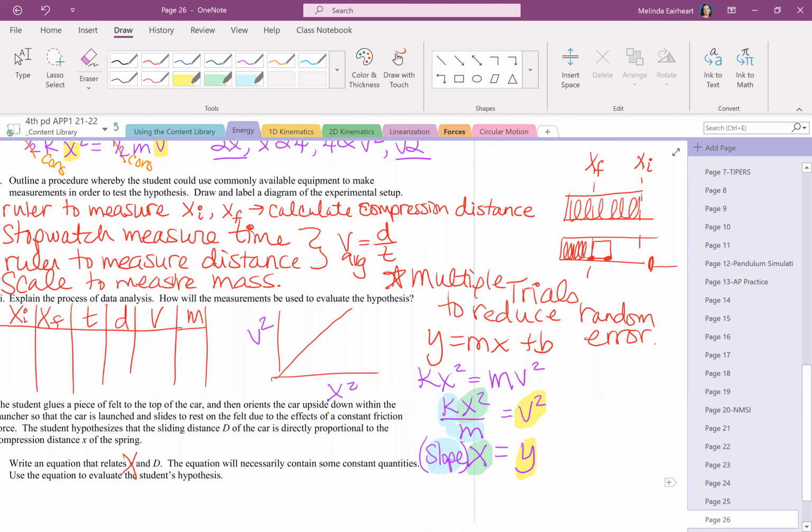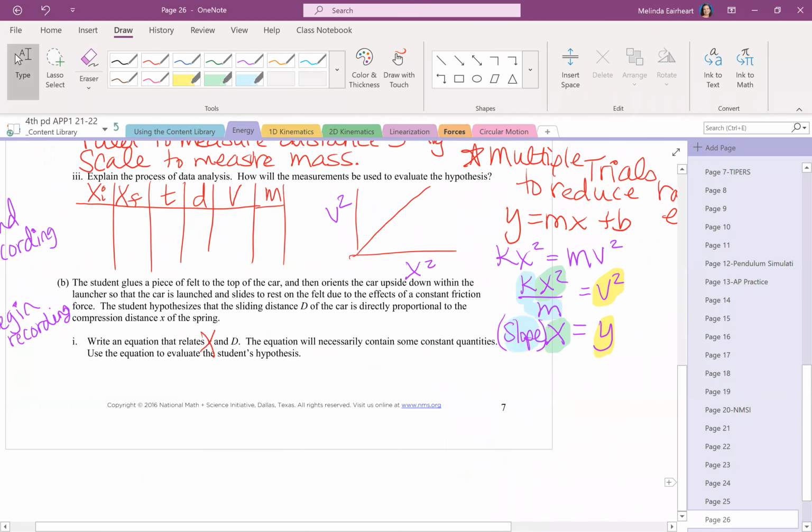You're going to analyze your data and use a graph and linearize this graph if, hopefully you know how now, and we're going to solve for k. Good deal? After the lab, we'll finish this question because they're about to glue a felt pad on it and they're going to bring in friction. Our lab doesn't have friction.